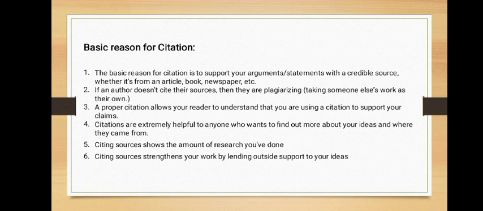Number 3: a proper citation allows your reader to understand that you are using a citation to support your claims. Number 4: citations are extremely helpful to anyone who wants to find out more about your ideas and where they came from. Number 5: citing sources shows the amount of research you have done. Number 6: citing sources strengthens your work by lending outside support to your ideas.